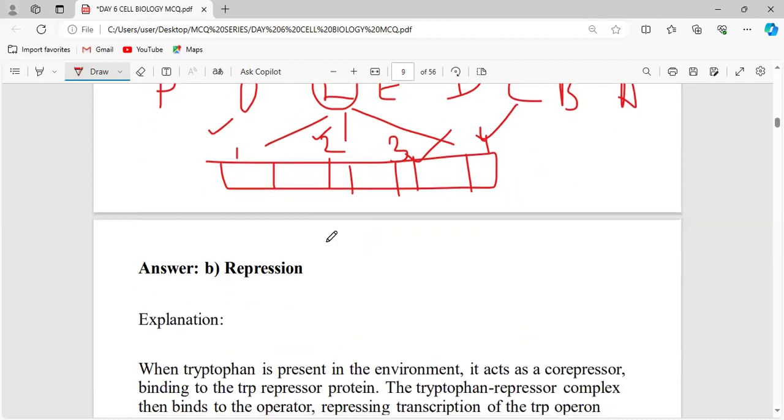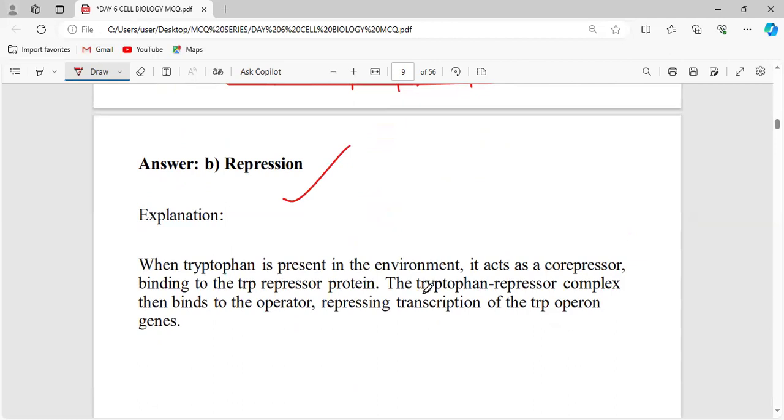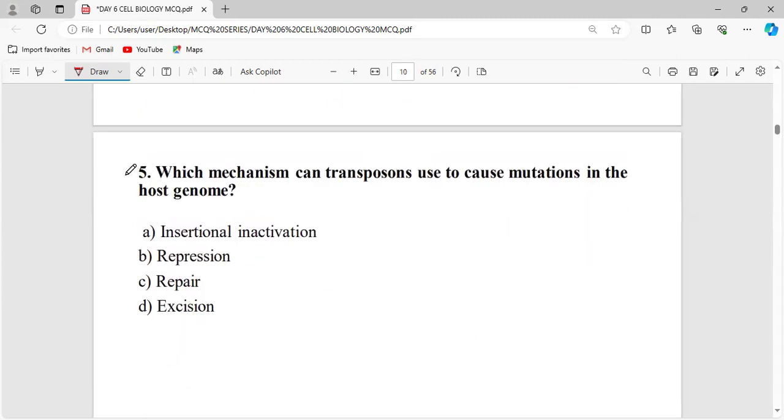Okay, and for this question, repression will be the answer, because this tryptophan itself is acting as a co-repressor. When it binds to the operator, definitely it is going to stop the tryptophan operon. Now, which mechanism can transposons use to cause mutation in the host genome?